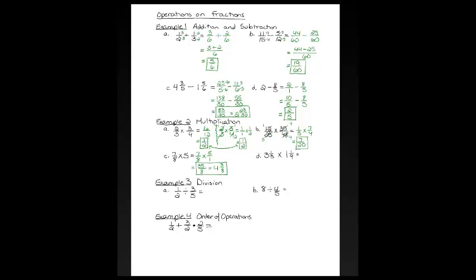Part D, here we have two mixed numbers, so before we multiply them we have to turn them into improper fractions. 3 and 1/5 can be rewritten as 16/5, times 1 and 1/9 can be rewritten as 10/9. And look to see if we can do any simplifying first.